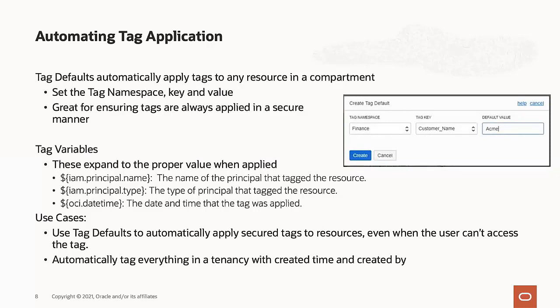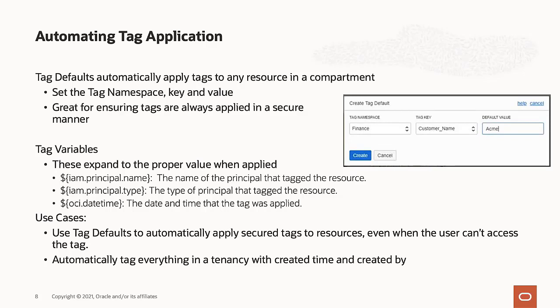So when your resources are being tagged, they're also going to be tagged with some important variables such as the principal name, whoever tagged that resource, and then also the date and time that the tag was applied. And we'll take a deeper look at this in the console.